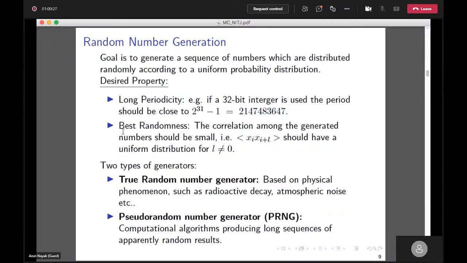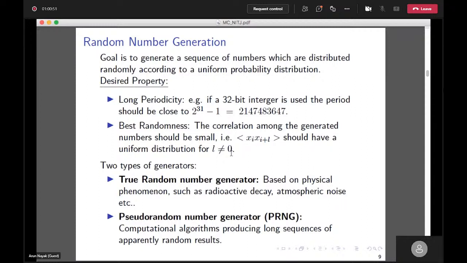Another thing is that they should have the best randomness, like the correlation among the generated numbers should be small. That is the correlation between, say, x_i and x_{i+l}, where l is the distance between two numbers. They should be uniform for l not equal to 0.